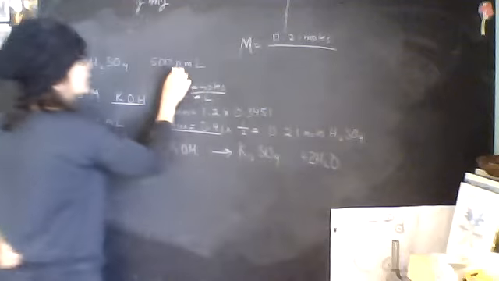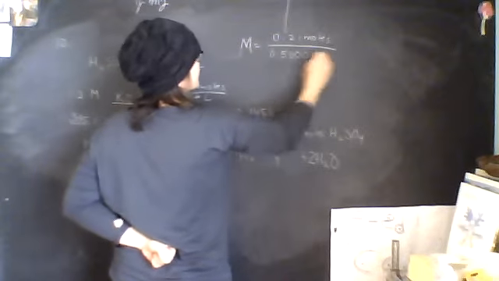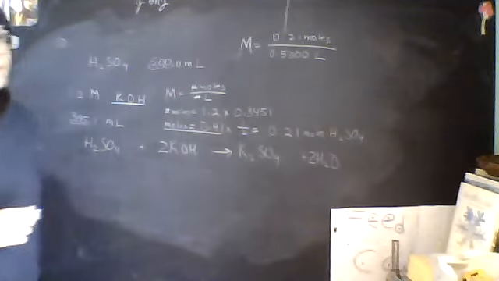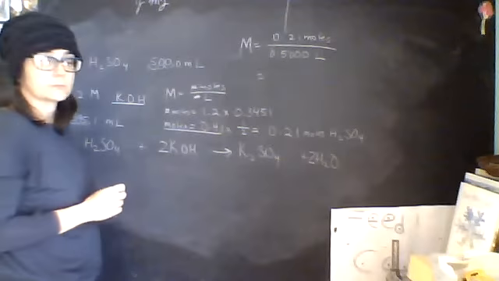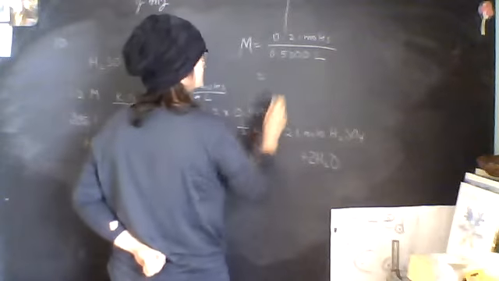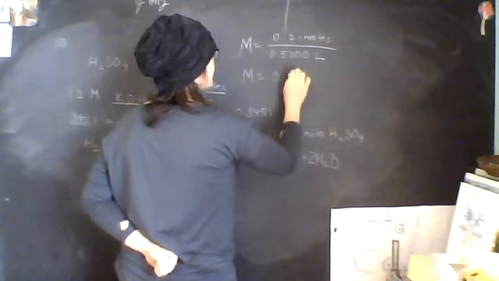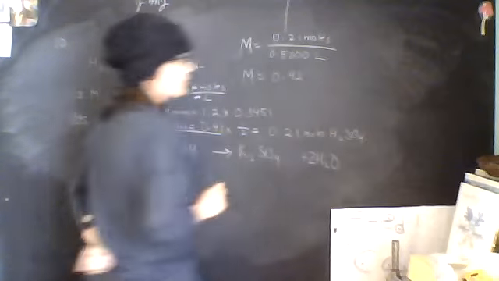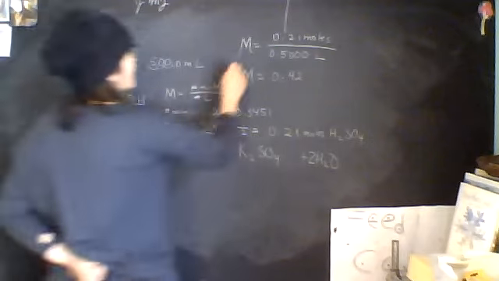And remember, this is milliliters. So make it 0.5000 liters. It's 0.42. So the molarity is 0.42. And that is the molarity of the H2SO4.